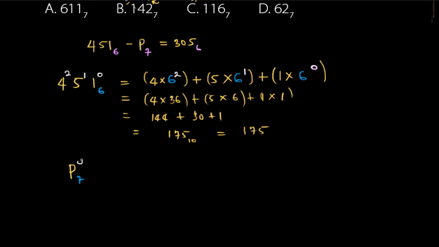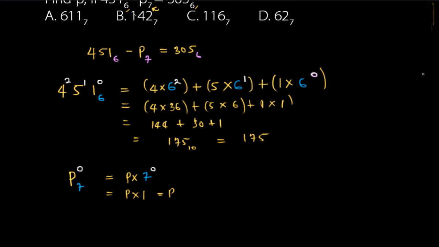You write p times the base, which is 7, and the power here is 0. This is the only number we have, so this is just p times 7 to the power 0, which is 1, and that's just going to give you p.